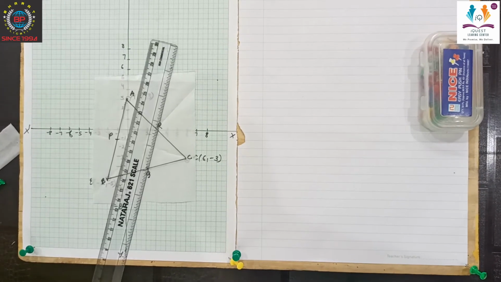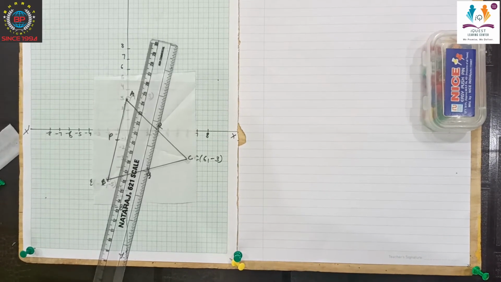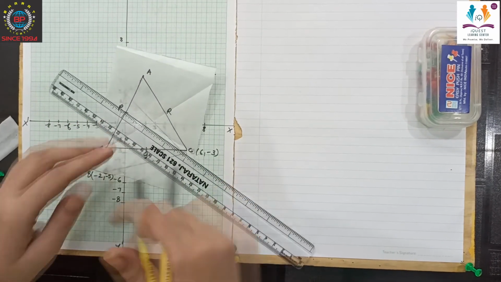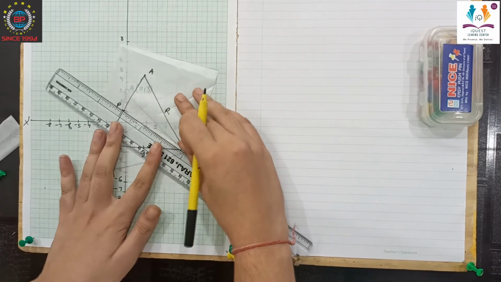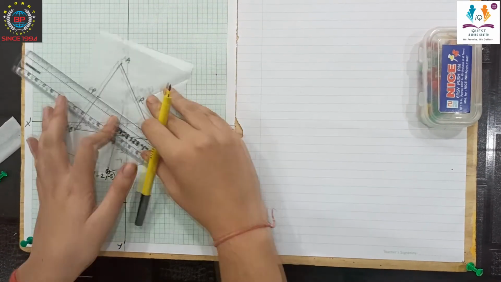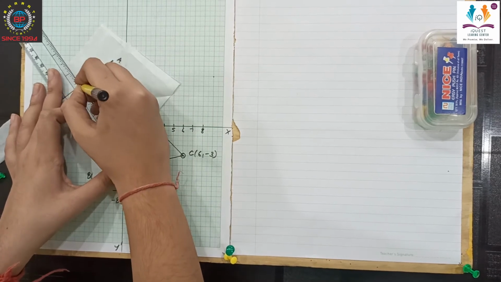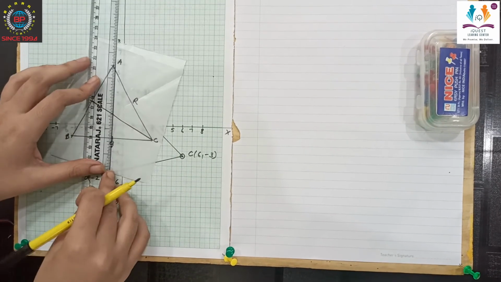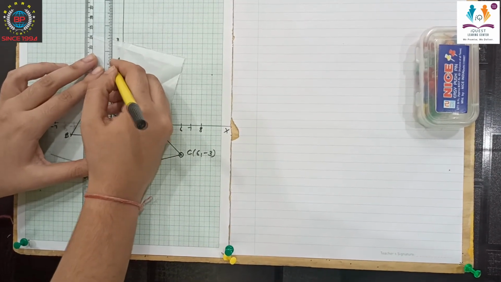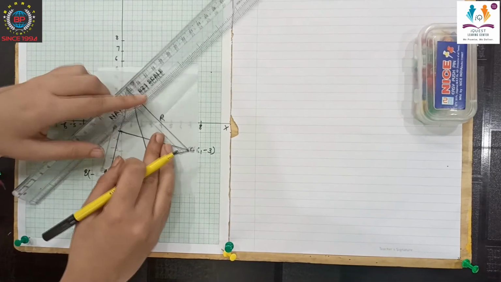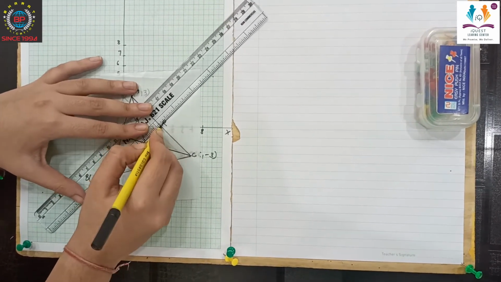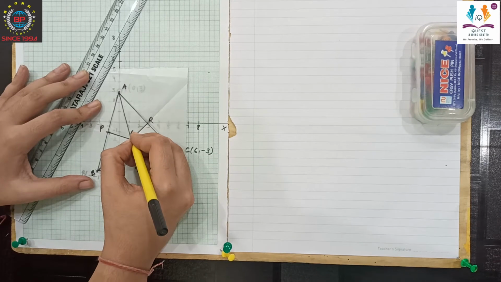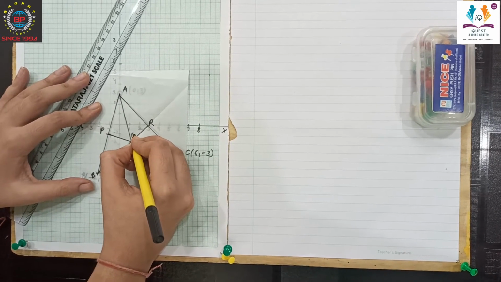Now join CP using a sketch pen and scale, AQ and PR. So now this is G, that is the centroid of the triangle.